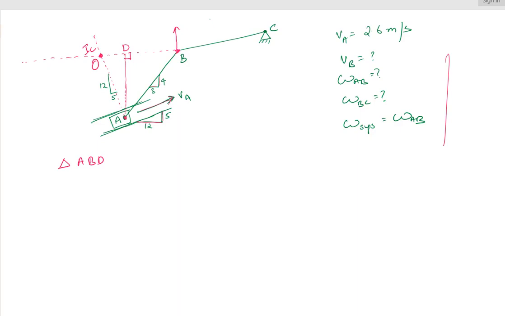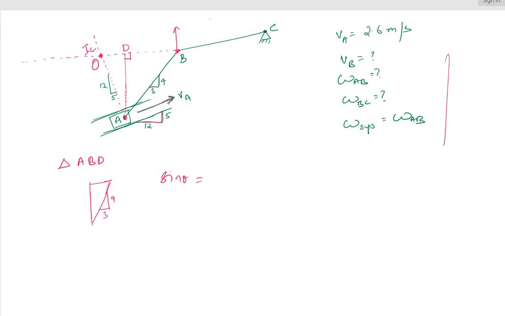The rise over run is given. So in this triangle, if we look at sine theta, 4, 3. Let me do this another way.